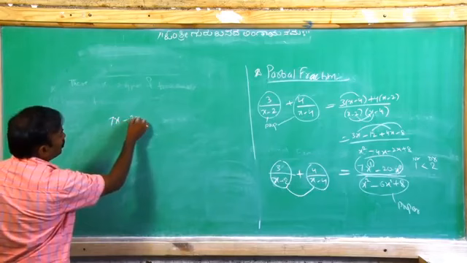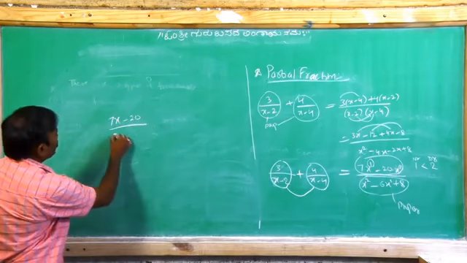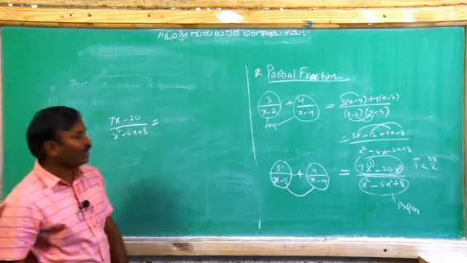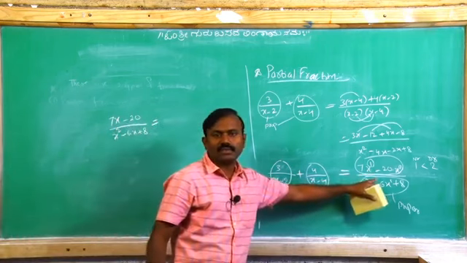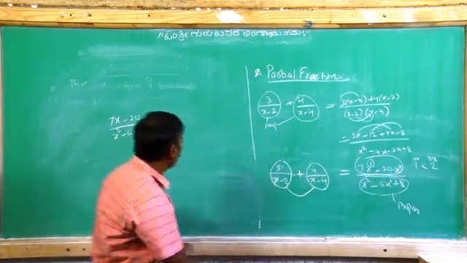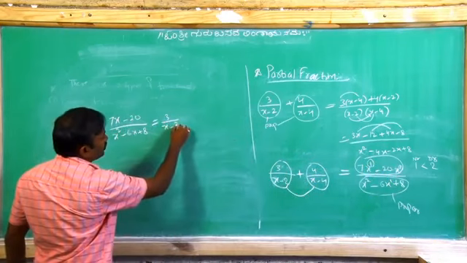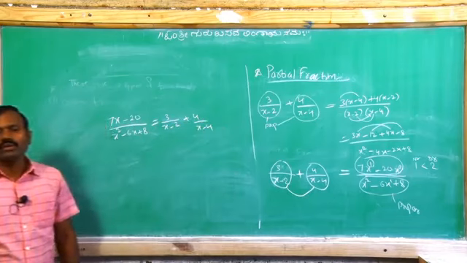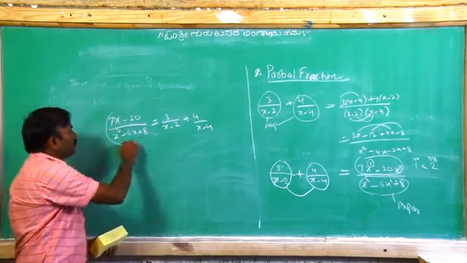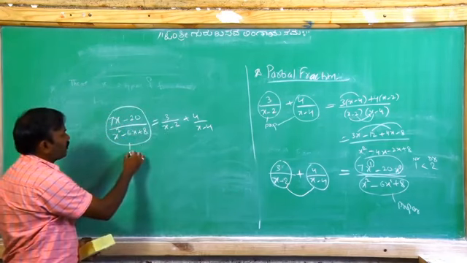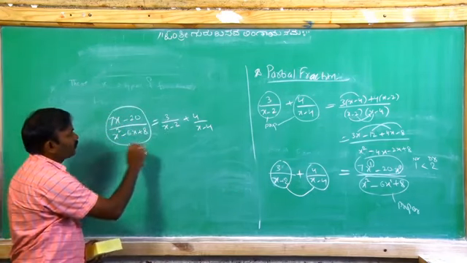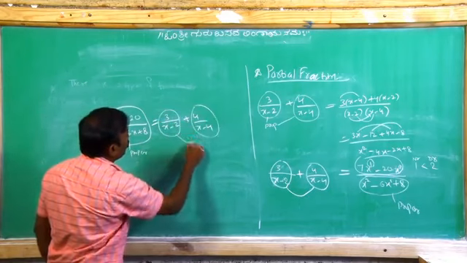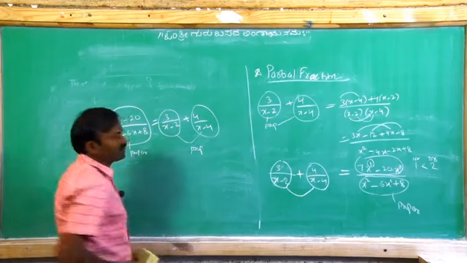The RHS part is 7x minus 20 by x square minus 6x plus 8, which is equal to the LHS, 3 by x minus 2 plus 4 by x minus 4. So one part is a single proper fraction, and the other part is the sum of two proper fractions.